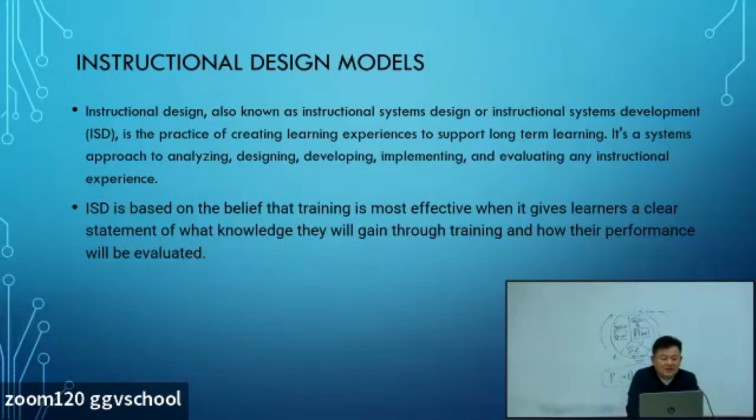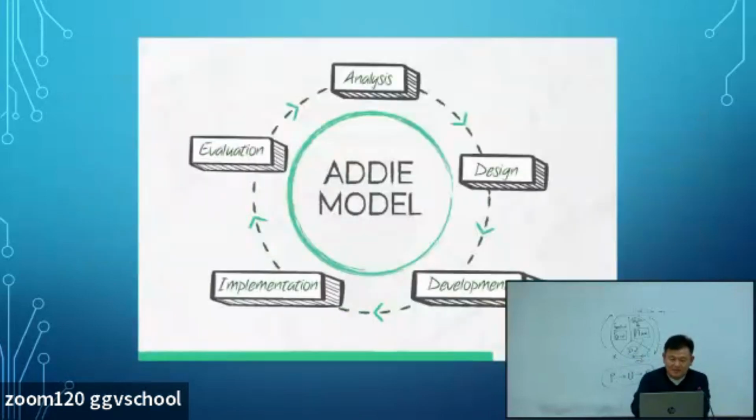It means ID models support a long-term learning system. That's why they need to know what kind of knowledge they will gain through the training, and also how their performance will be evaluated. This is for the instructional design model. A representative instructional design model is the ADDIE model.